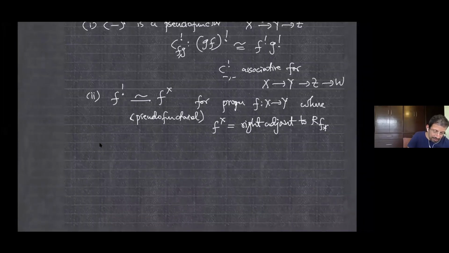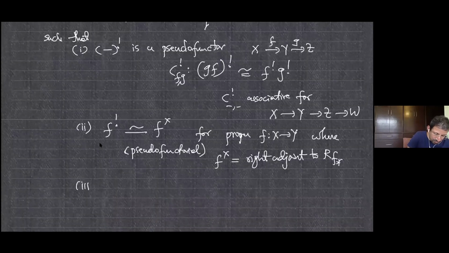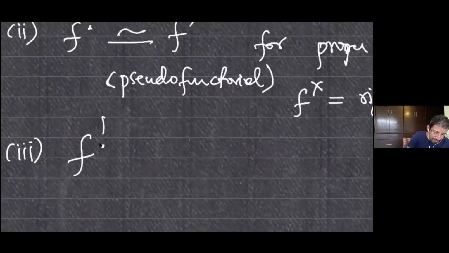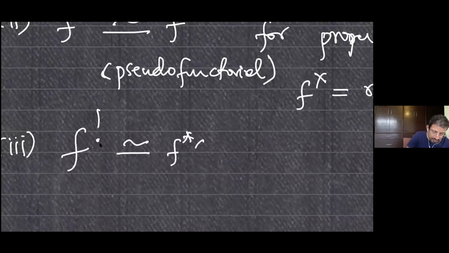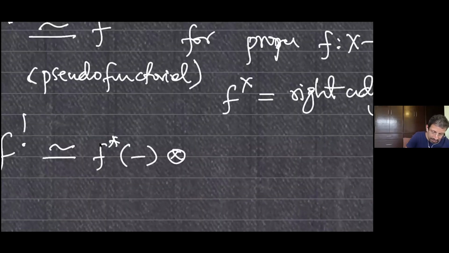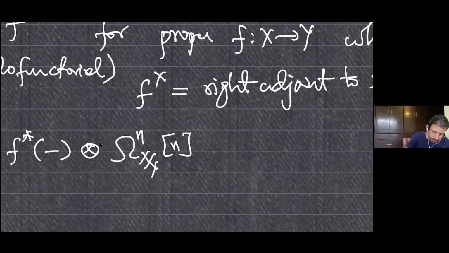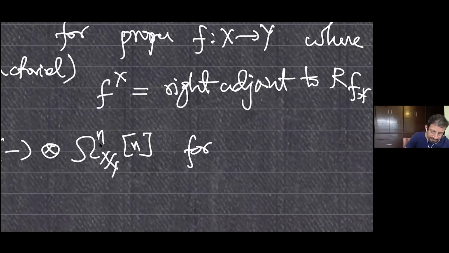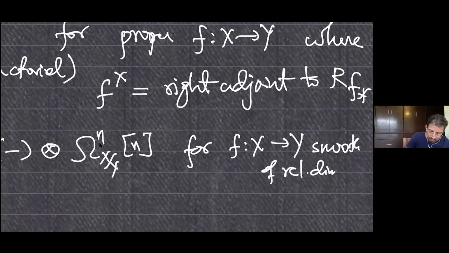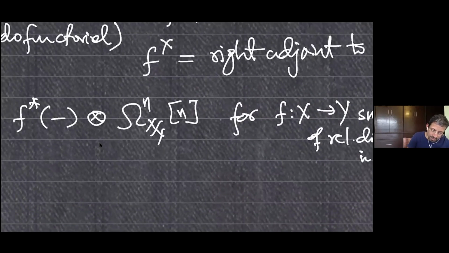And now F Sch Rc is isomorphic to F star tensored with omega n, for F: X to Y smooth of relative dimension n in C. Not C, C is my category.